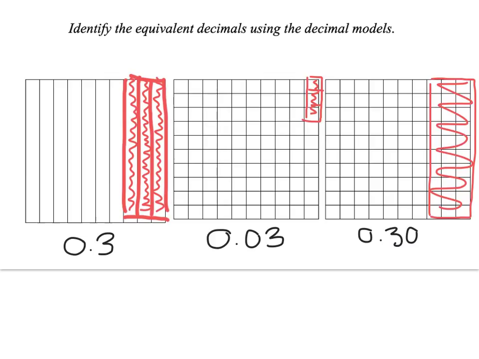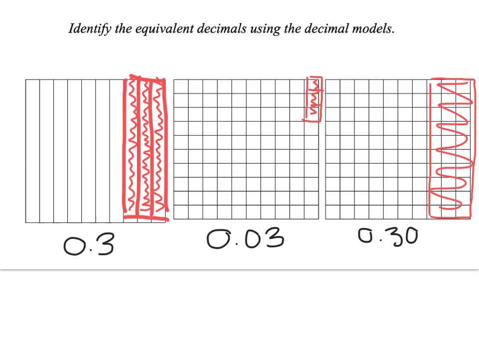Now, while all three of these numbers do look similar, here we have a 3 and a 0 with a decimal point. Here we also are seeing the 0s, 3s, and decimal point, and just like the other two, here we have a 0, 3, we have another 0, but we have our decimal point. So these three numbers look similar, but the portion that is shaded in each of these wholes does not look the same.